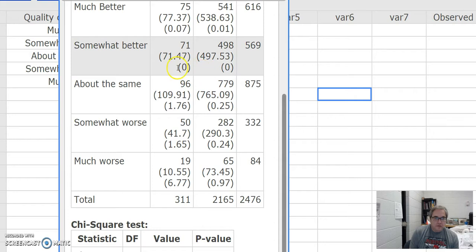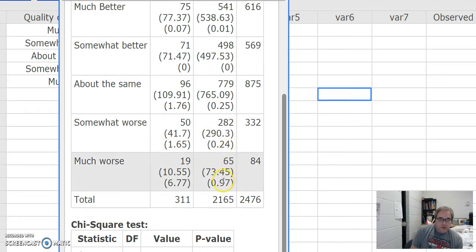Like here, somewhat better, nothing. These are pretty much nailed for what they expected. Much better, pretty close. If I get down here to much worse, 6.77 is screaming to me. That is pretty large compared to the rest, and that's a constant theme. You have to look for which of these contributions to the chi-square is largest compared to the rest.